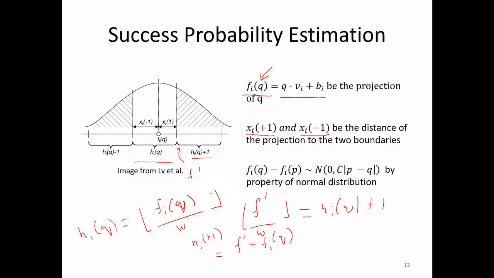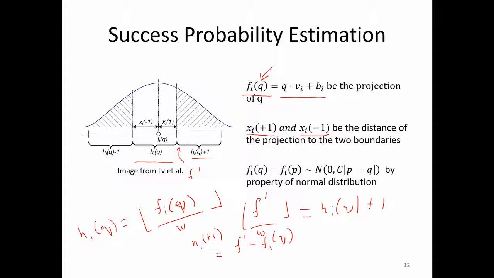Then, think of any 2 points p and q which are close to each other. They are supposed to fall into the same bucket.